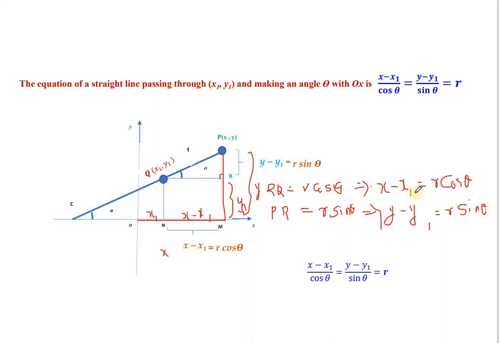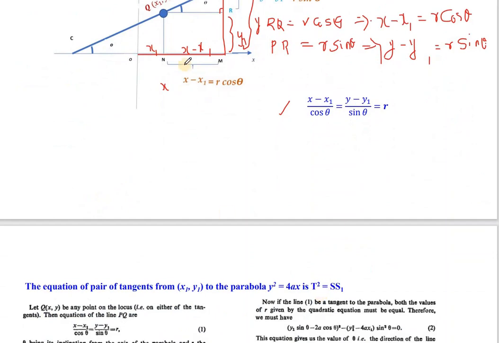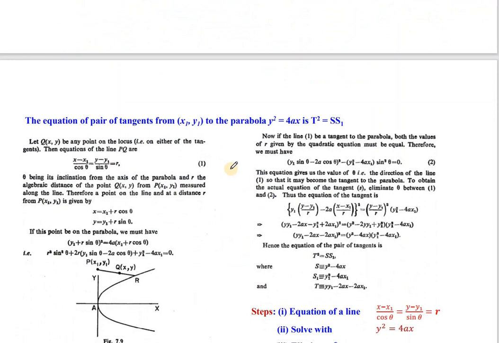So using this, (x minus x1) by cos theta is equal to r, (y minus y1) by sin theta is equal to r. So these two together give us the equation of this line which makes an angle theta and passes through the point x1, y1.